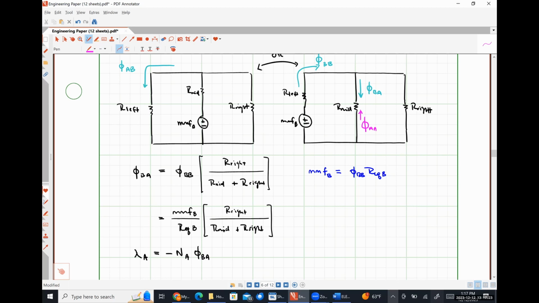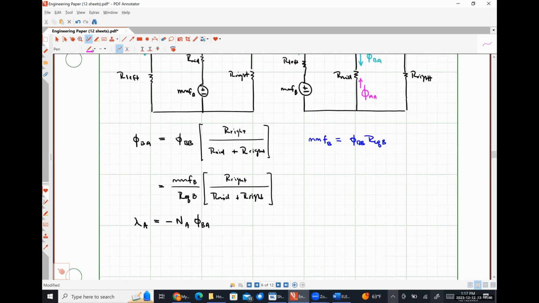That's literally as difficult as it needs to be, okay? So if the flux that's generated by coil A is up and phi BA is down, we get a negative sign. If we had reversed the windings of coil A so that the flux generated by coil A was down, we would have a positive mutual inductance. All right.